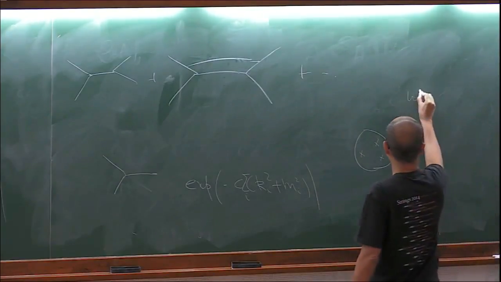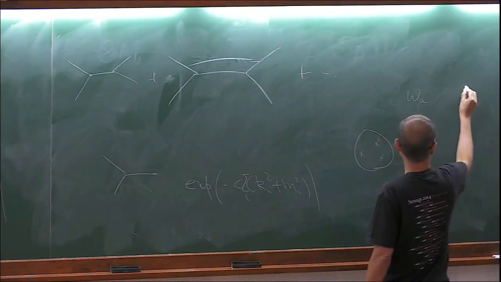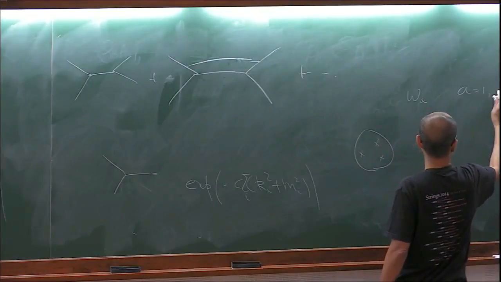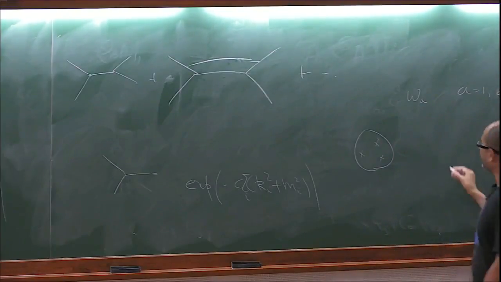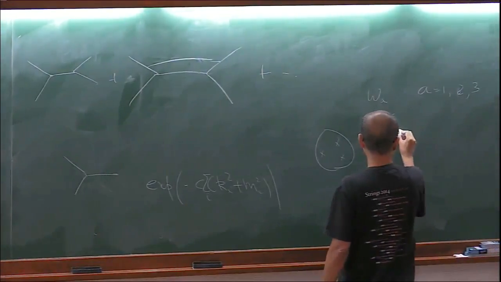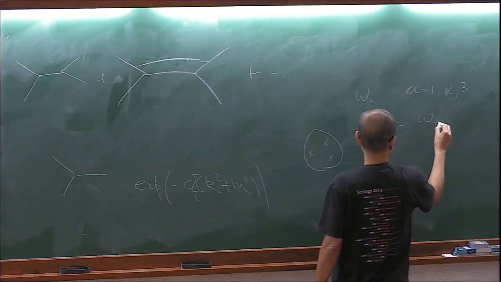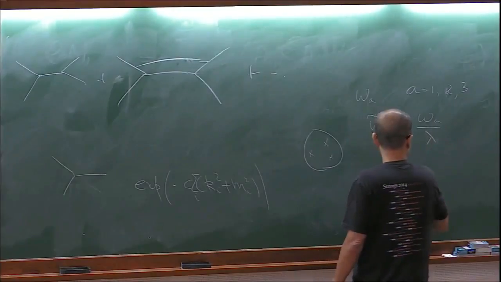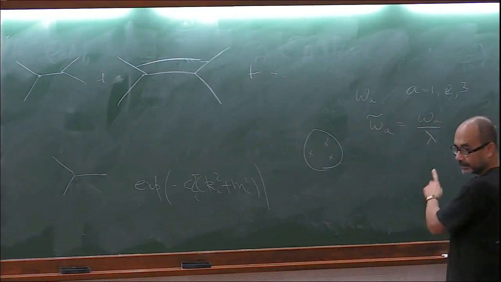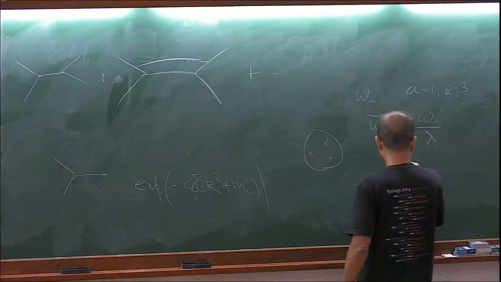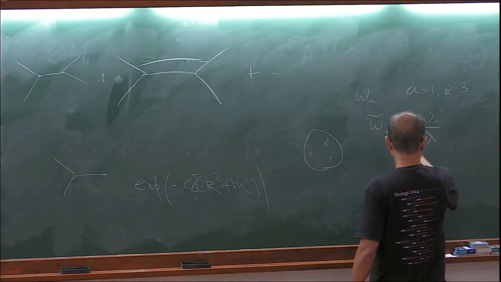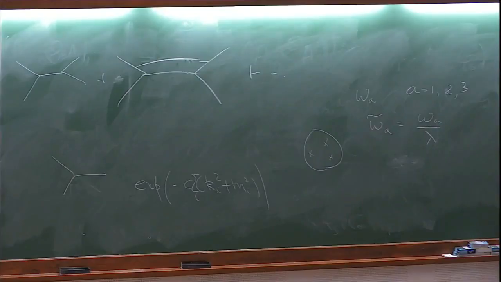So suppose w_a, for a equal to 1, 2, 3, were the initial choice of local coordinates. And we define some w tilde, which is w_a over lambda.